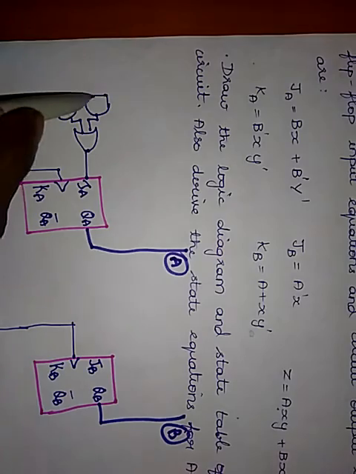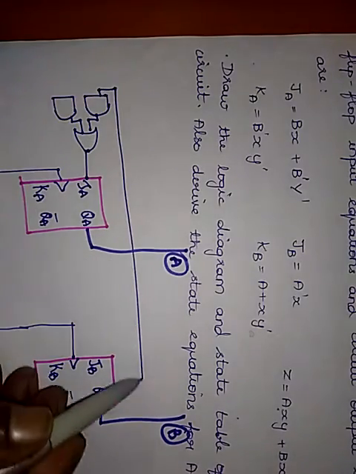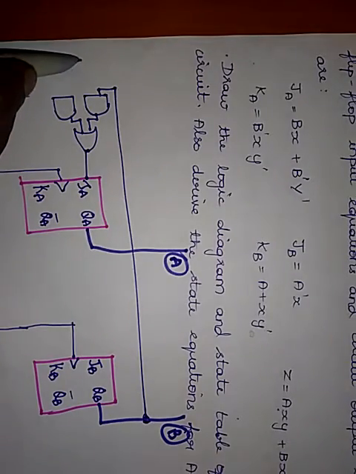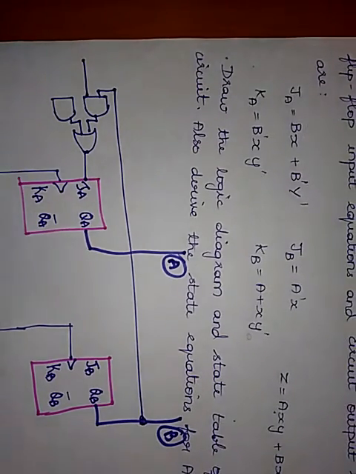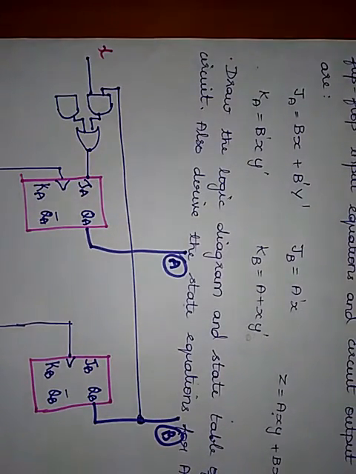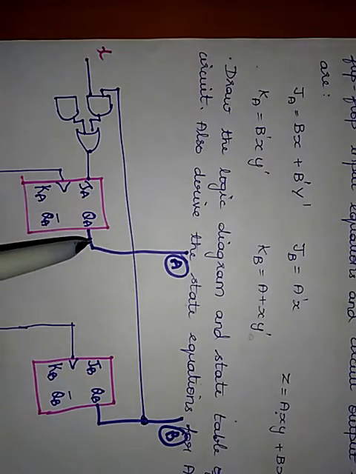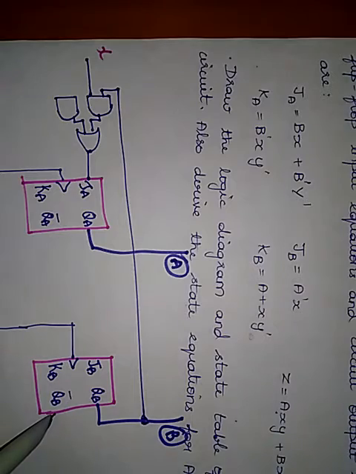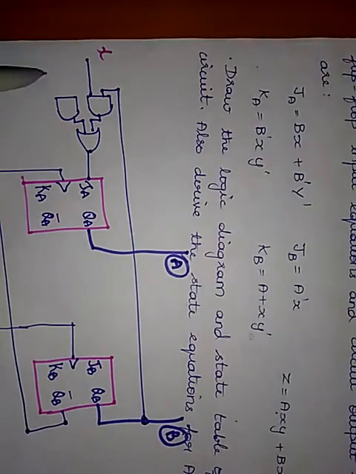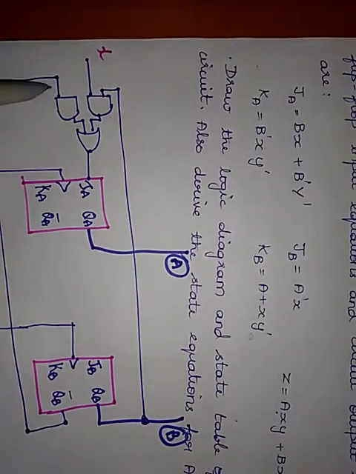So one input is B. Then you have another input X. This is from the outside world. This is the X input. Then the other input is B dash. This is B, therefore this is B dash. So this B dash we can join like this to the AND gate.